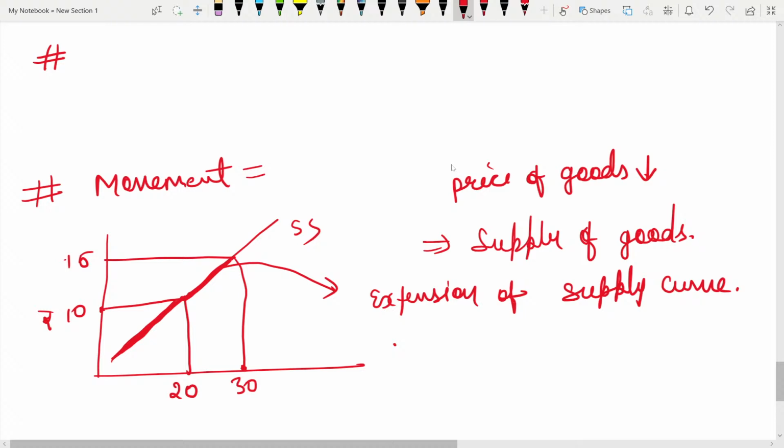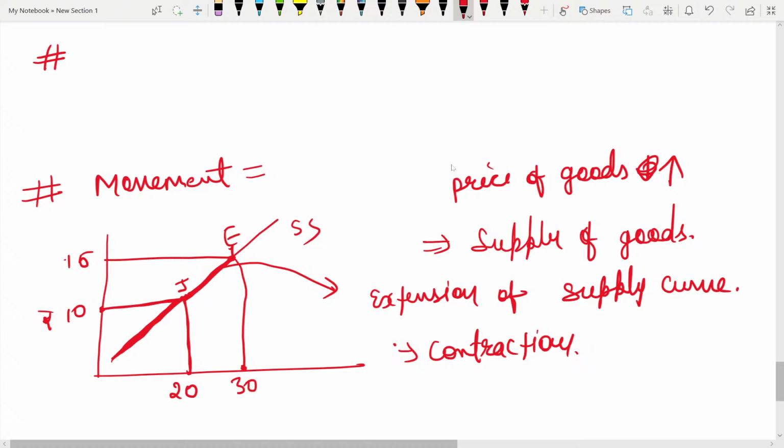Now, another point: the price of goods falls down. Therefore, the supply of goods also falls down. So this is what contraction is. As you can see, let's suppose the original point is E and this is J. At the original point E, at price P, the producer is supplying a certain quantity.